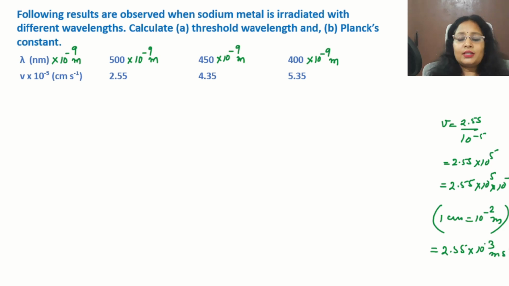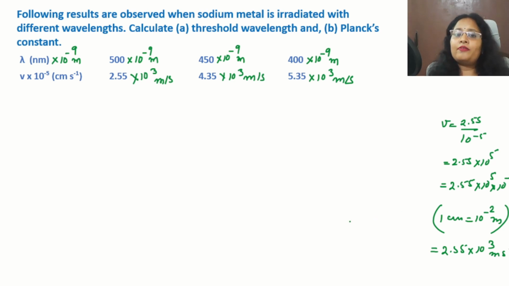In this way, we will change all the three values of velocity. So 2.55 will become 2.55 into 10 to the power 3 meter per second, 4.35 into 10 to the power 3 meter per second and 5.35 into 10 to the power 3 meter per second. Understand?